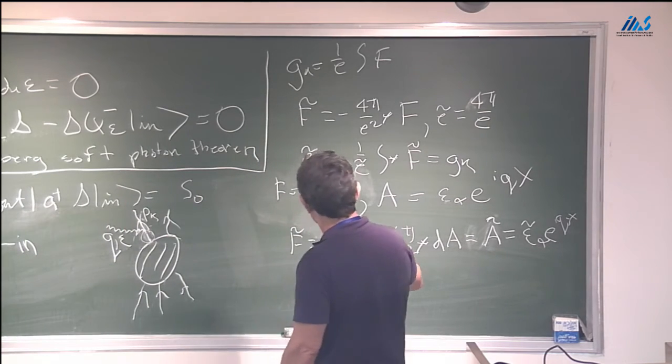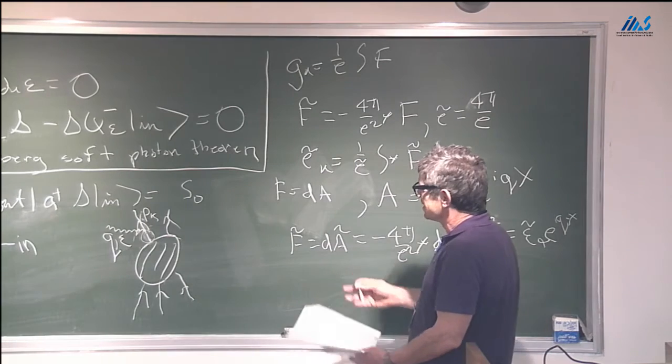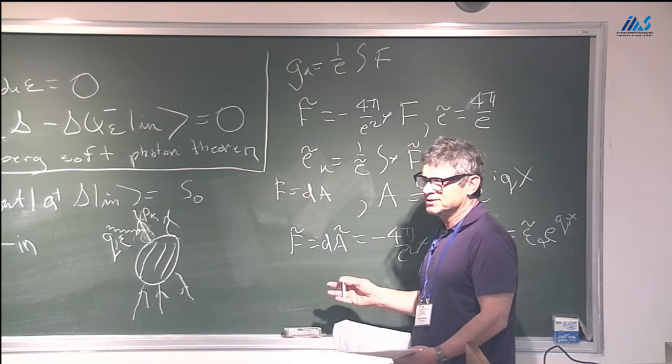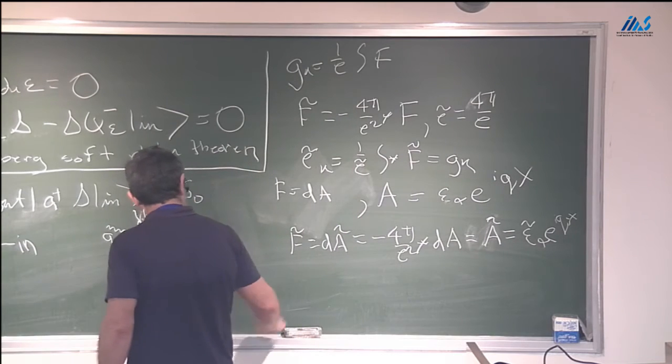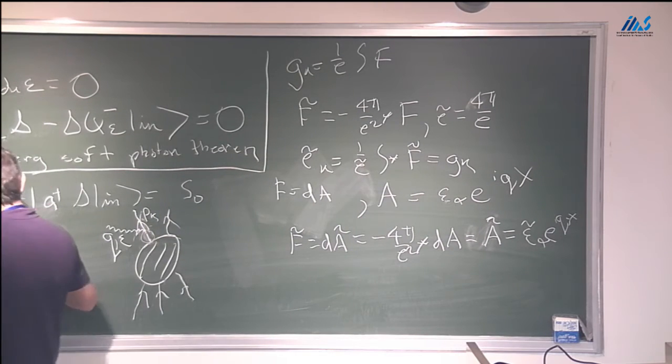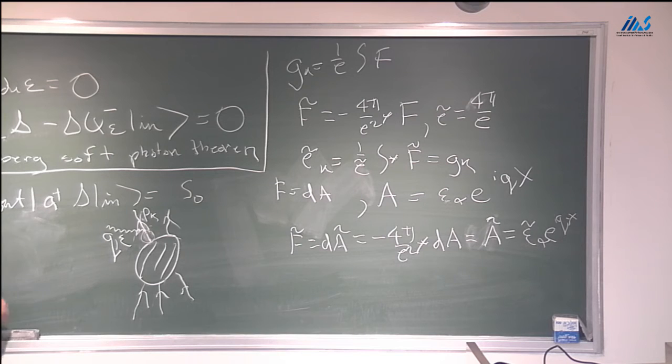Okay, but now A dual couples to magnetic monopoles in just the same way that A coupled to electric charges. So we've basically done here. We don't even have to go through the diagrams because they're exactly the same. We've reduced it to the previous case.